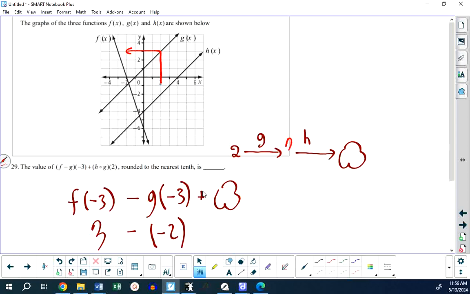So 3 comes out of g. 3 now goes into h. So I go to 3 and I read the output, and the output is -1, which means this is -1.